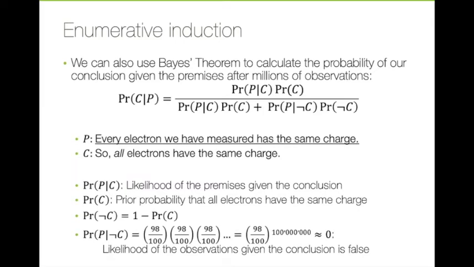Let's focus for a moment, though, on the probability of P given not C. So again, that's the likelihood of our premises being true, given that the conclusion is false. In this example, that would be the chance that we see the same charge 100 million times, given that the conclusion is false and not all electrons have the same charge.